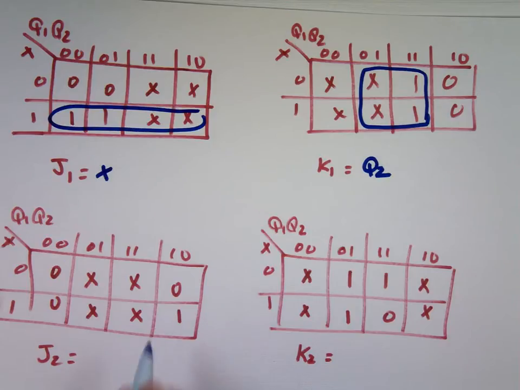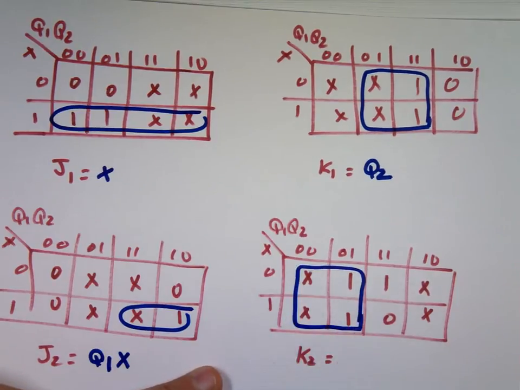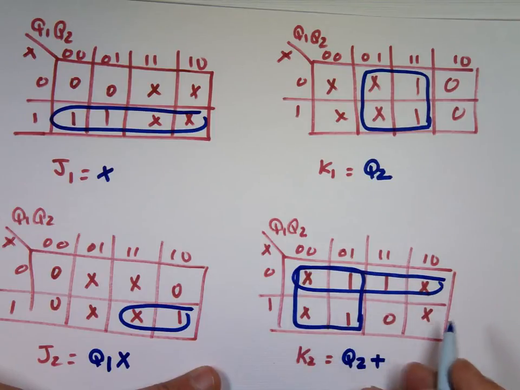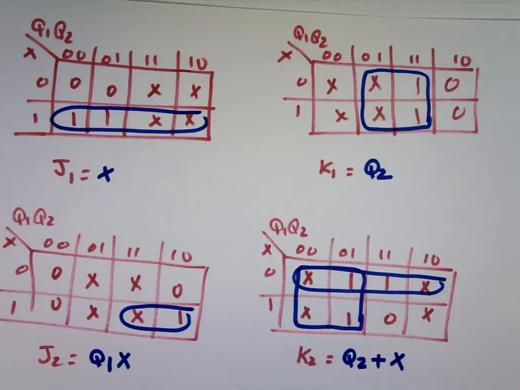This one, that'll be what? Q1X. This one, that'll be what? Q2 plus, if I group these guys together, X. I could just take this one with this. X naught, yeah.